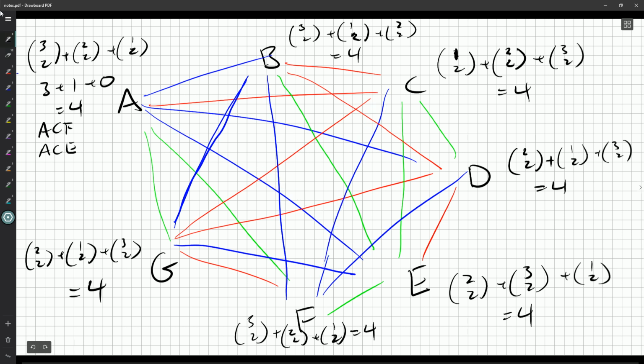Anything else coming from A? So an A with a blue and a red, the only thing left would be A, B, C, and that's not. How about A and a blue and a red and a green? A, B, A, C, F, yeah, we did that one. A, C, G, no, that's not going to work. Oh, A, C, D. That's another one over here because of the green.